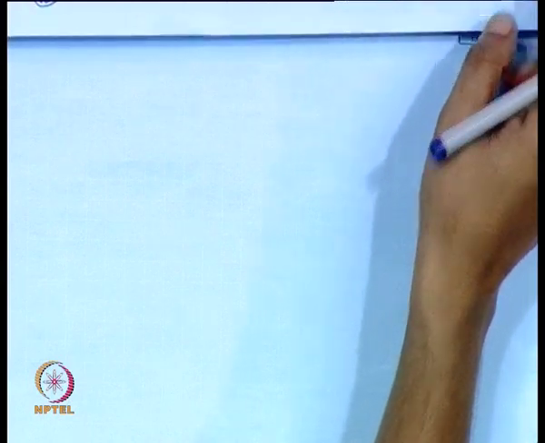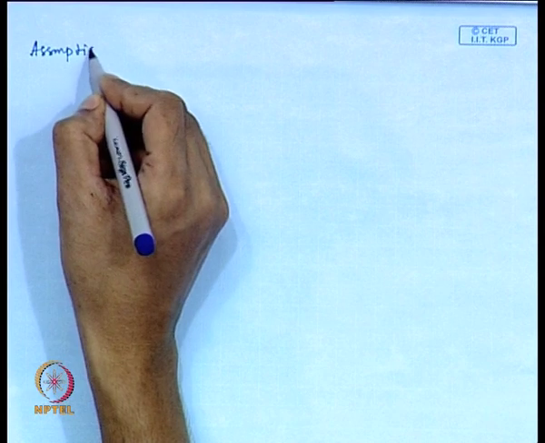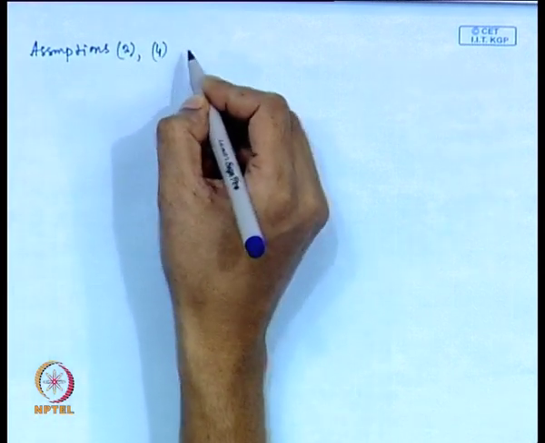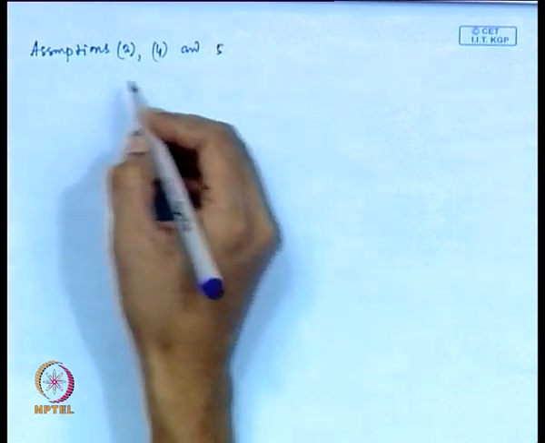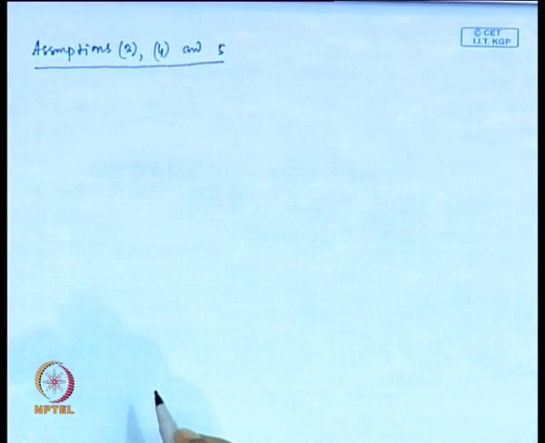Now, just revisit assumptions 2, 4 and 5. Second assumption is the column is perfectly insulated, that means there is no heat loss.